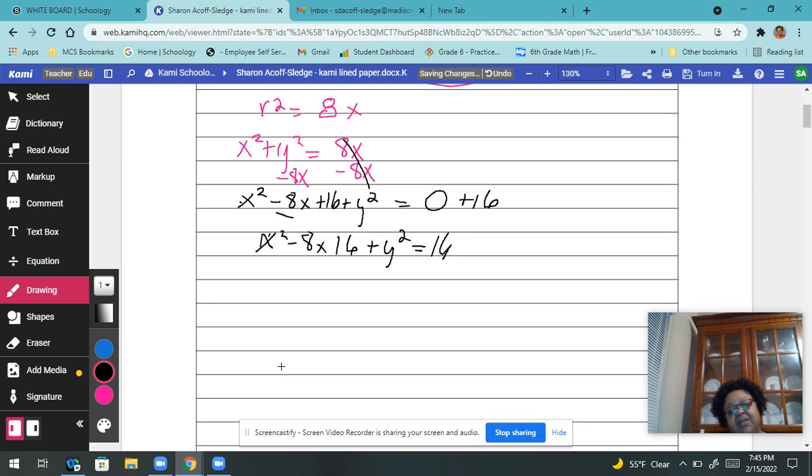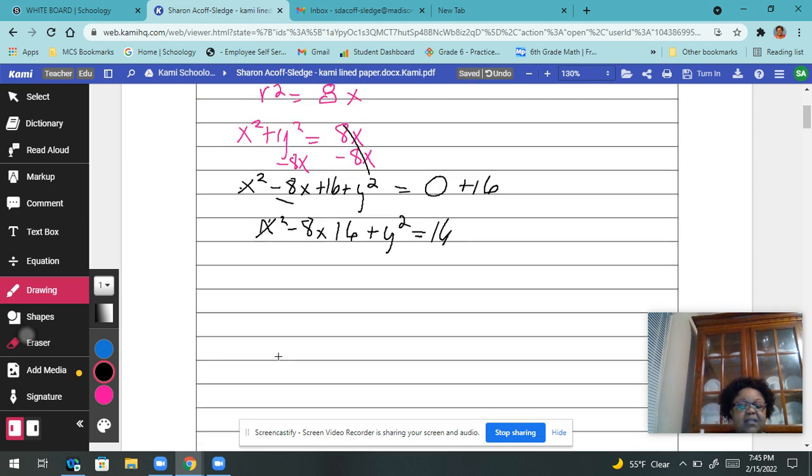Now what I have created, remember, is called completing the square. I have created a perfect square trinomial right here. And how you factor that is you take the square root of the first term, the square root of the last term, 16, which is 4, and the sign is right there. So this is x minus 4 squared.